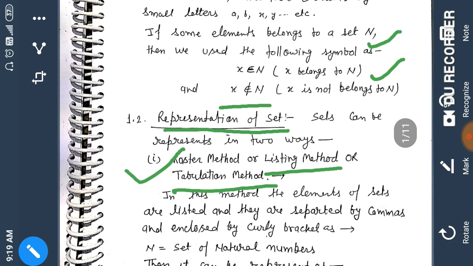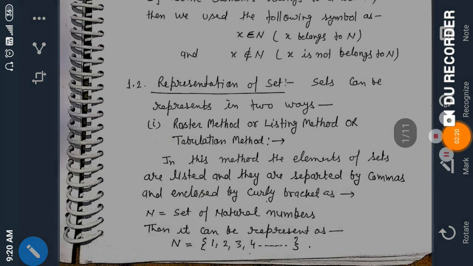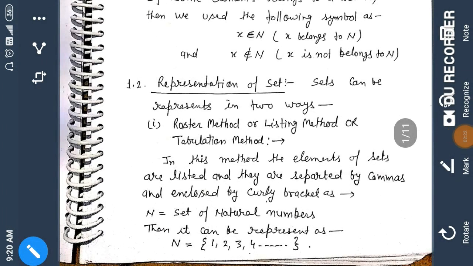and separated by commas and enclosed in curly brackets. For example, if N is the set of natural numbers, then it can be represented as N equals curly bracket 1, 2, 3, 4 and so on.